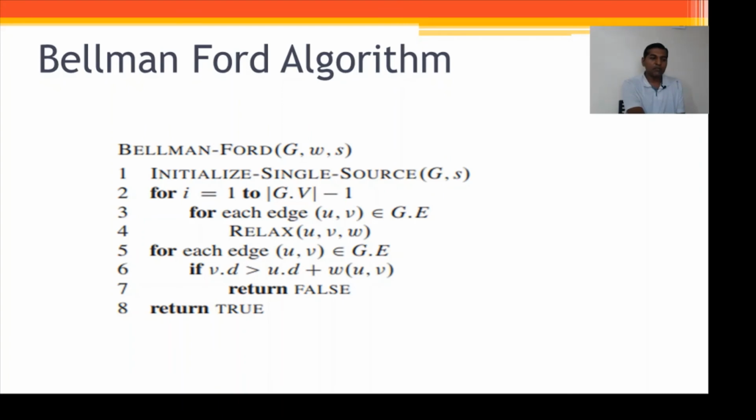This is checked with: v.d > u.d + w(u,v). If this is true, then it will return false, because if any vertex has a distance larger than that, it means the graph has not been solved optimally or properly. Otherwise it will return true. So this is the verification method.